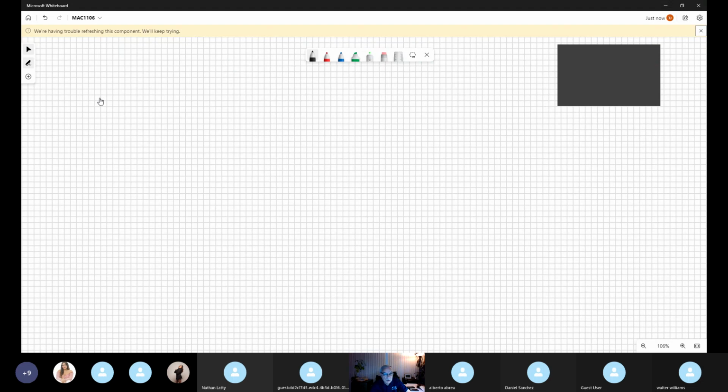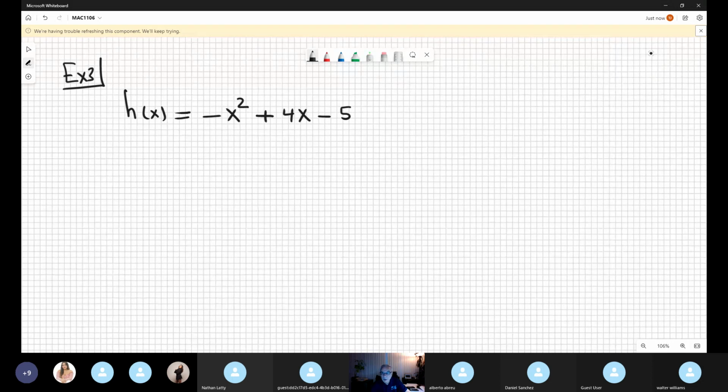Suppose this equation, h of x, is equal to minus x squared plus 4x minus 5. Again, the same question. We have vertex form and standard form.